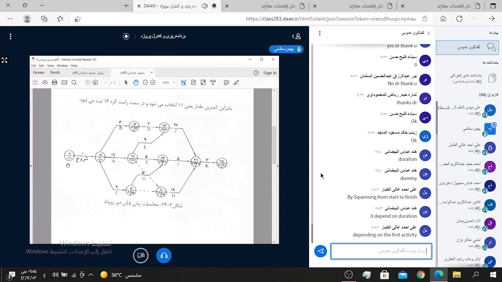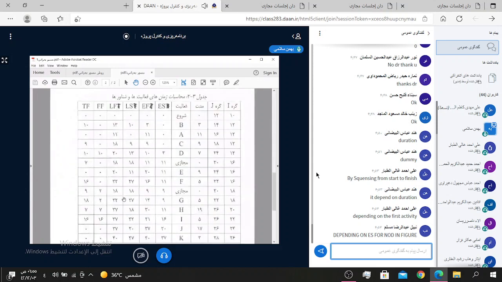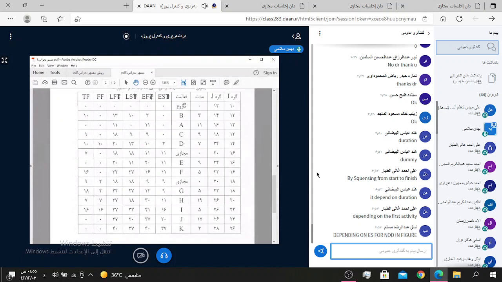We calculated before the ES for node 10, 11, 14, and so on. But we didn't calculate the ES of activity. How can I find the ES of activity and write it here? This is my question.